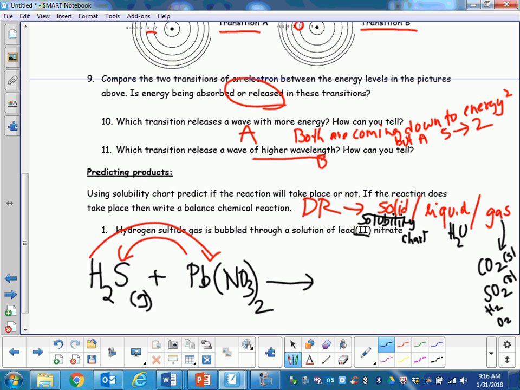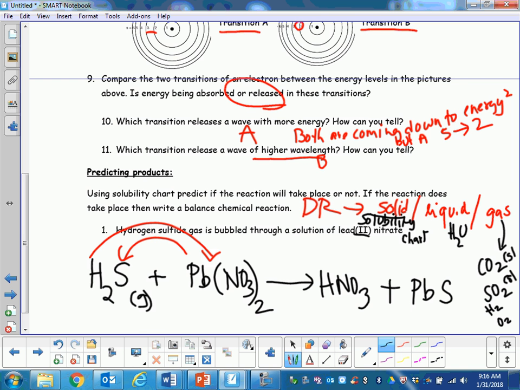And in hydrogen nitrate, hydrogen is a +1, nitrate is a -1. So that will be hydrogen nitrate plus lead sulfide. Lead is a +2, sulfur is a -2, giving me lead sulfide. Alright, I switched the reactants and made the product.